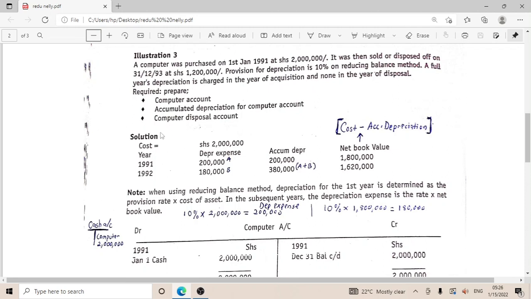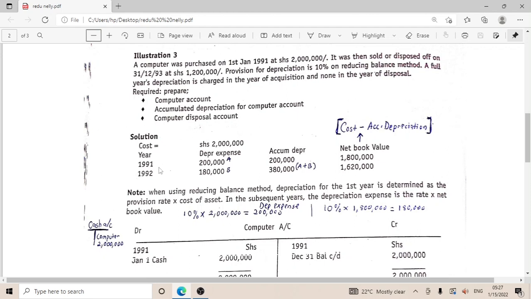So the solution is we are going to have our cost, which was this when the computer was purchased, and we're having our years. Remember, they're talking of the year of disposal to be 1993. So I'm going to look at years 1991 and 1992 because they're saying a full year's depreciation is charged in the year of acquisition and none in the year of disposal.